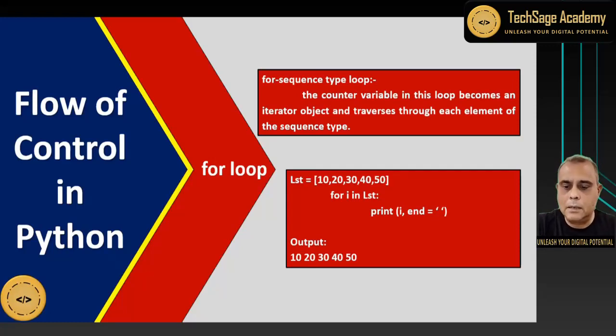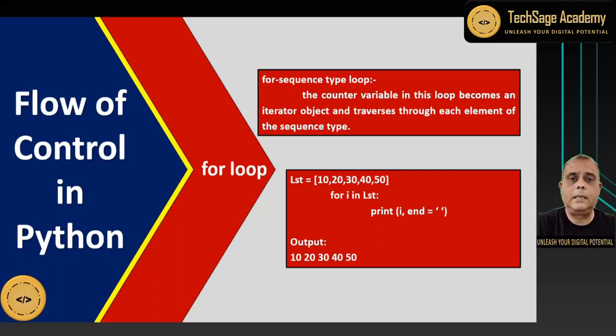Here I have taken a list variable lst is equal to, within square brackets, as we all know that a list is declared within square brackets. And it contains 5 elements: 10, 20, 30, 40, 50. How will this loop be written? For i in lst. Now look at the difference. Earlier it was for i in range, and then the parameters of range were given.